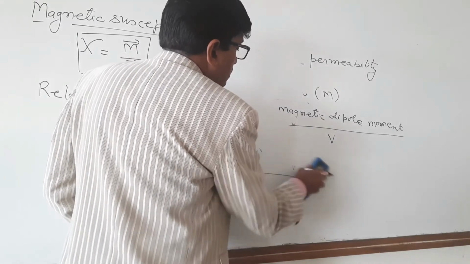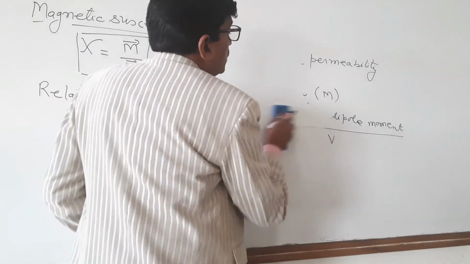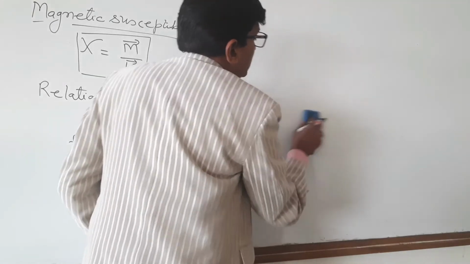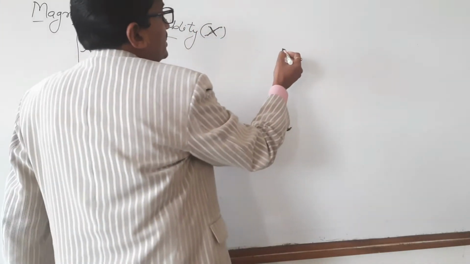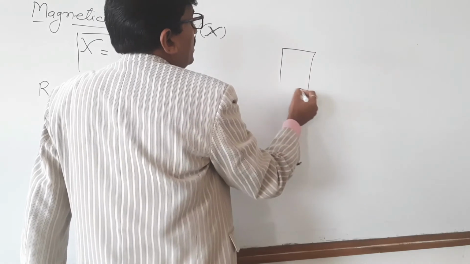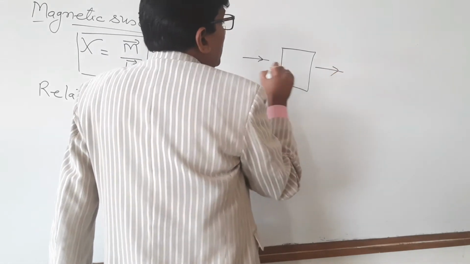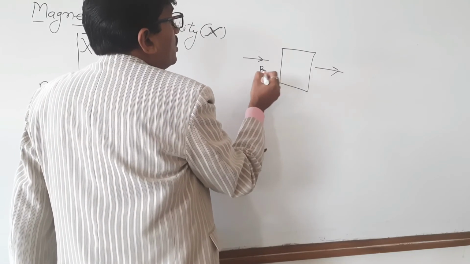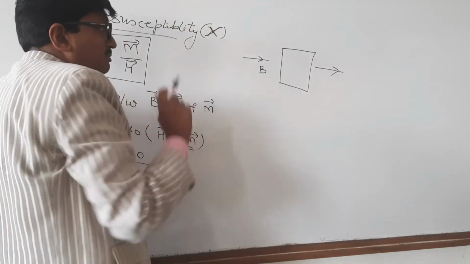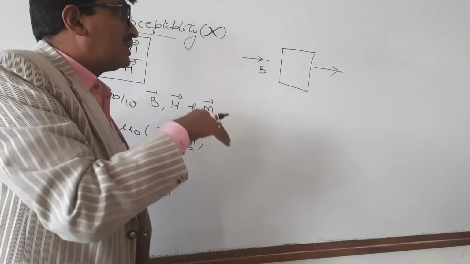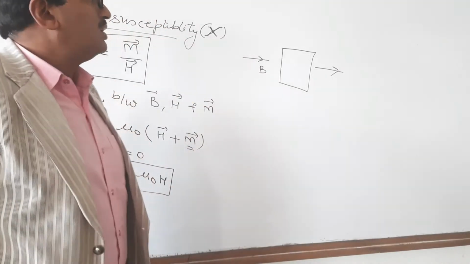Now, suppose an external magnetic field is applied on a material. This is a material, and we apply a magnetic field B on this magnetic material, or we can say that this magnetic material is put inside the external magnetic field.